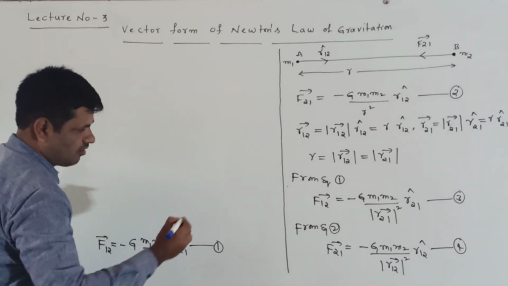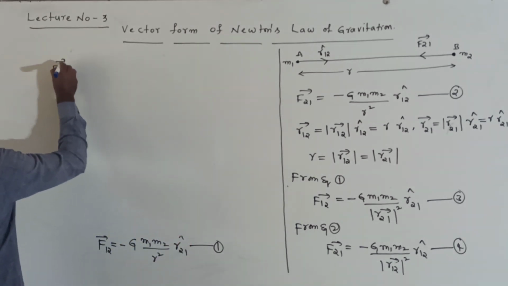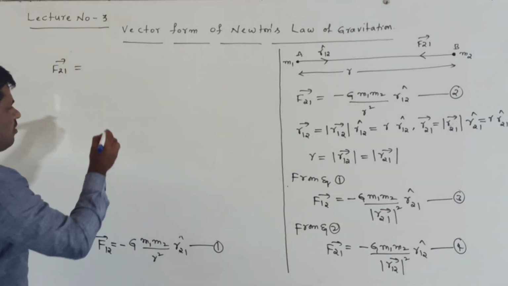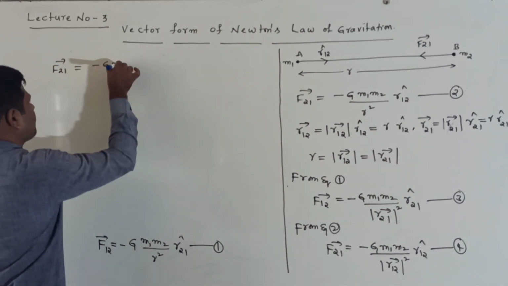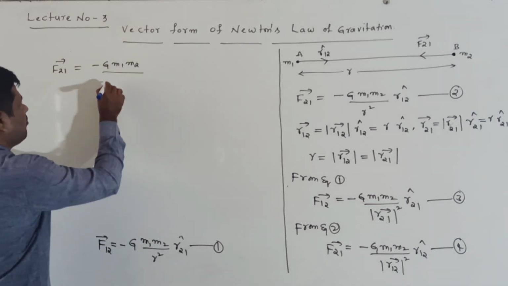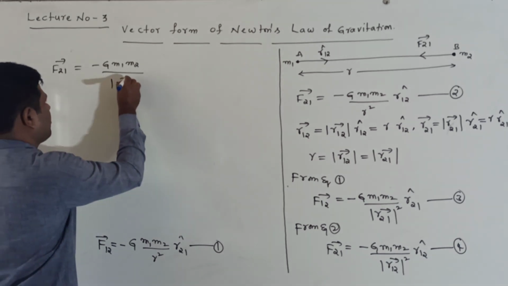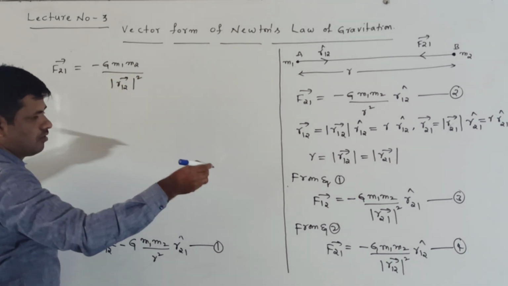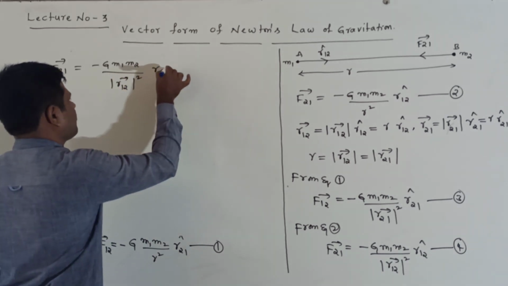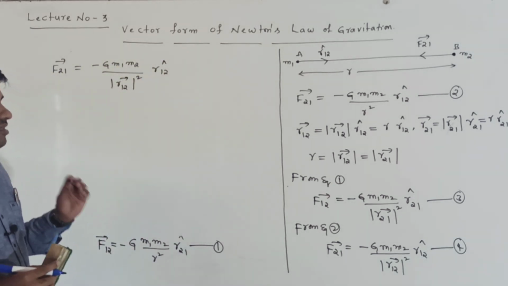Equation 4, I am changing now. F12 bar is equal to minus G into M1 M2 by mod R12 bar whole square into R12 cap. How am I changing this equation now? See here.